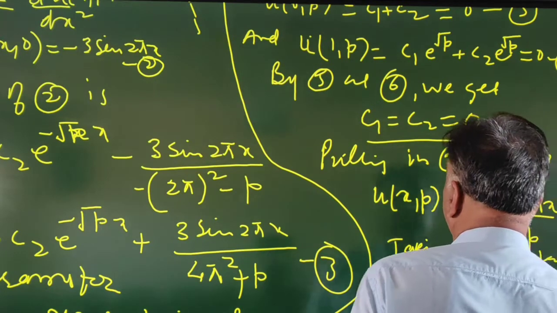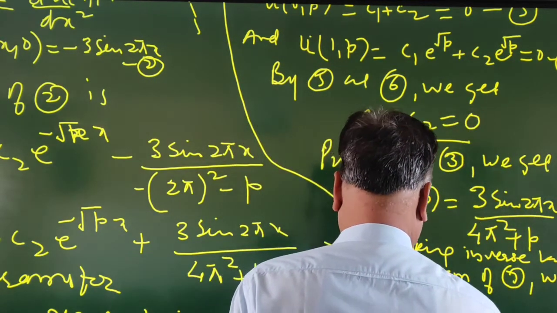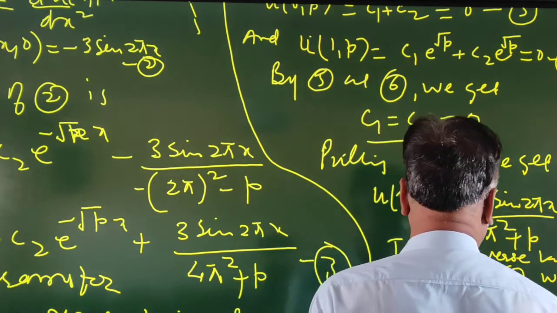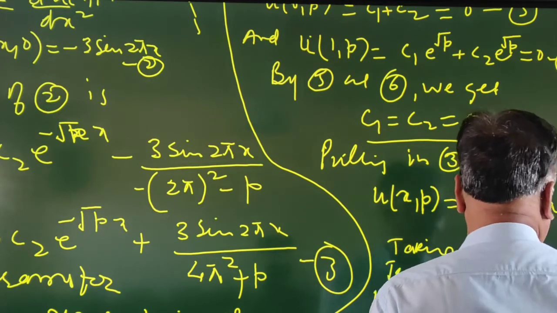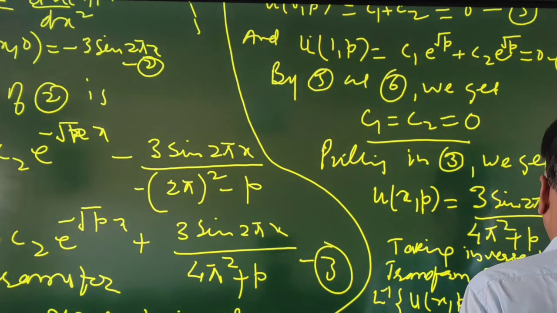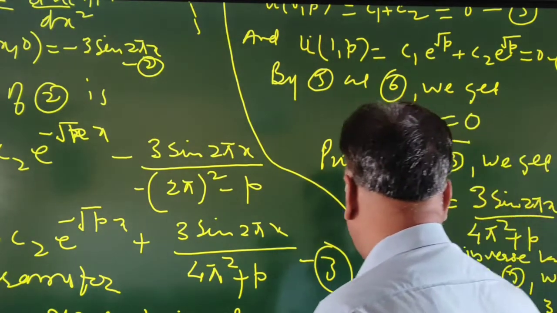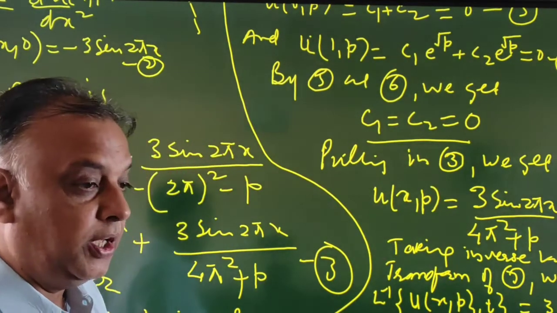we get the inverse Laplace transformation of u(x,p) with respect to t, which is equal to 3 sin 2 pi x times the inverse Laplace transformation of 1 upon (4 pi square plus p). So the inverse Laplace transformation of u(x,p) is u(x,t).